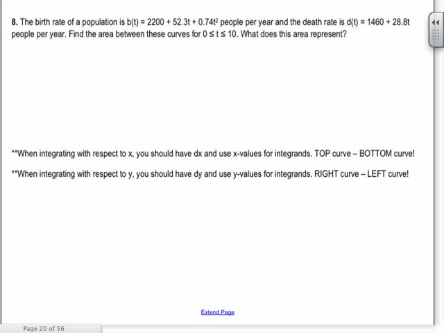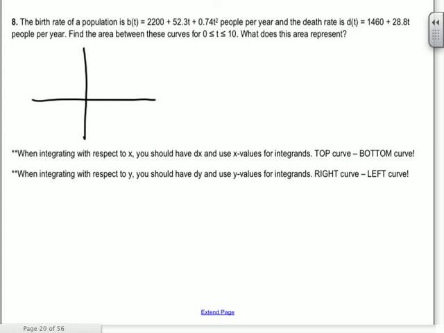Okay, so let's go ahead and graph both. What might be difficult about this is finding a window. You can always try Zoom Fit, which is Zoom 0.